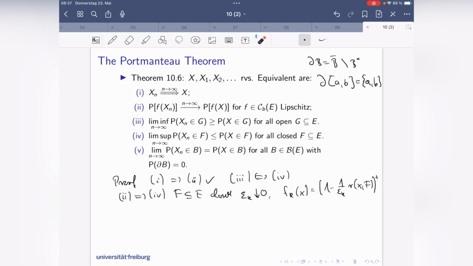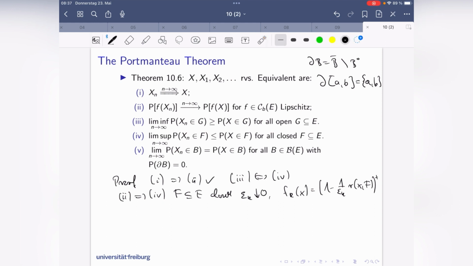So why is this good to check? Because the f_k are Lipschitz functions, with Lipschitz constant 1 over epsilon k. So by 2 I know something converges. On the other hand, I know, since I have the closed sets here, that this function converges to the indicator function of the set F.